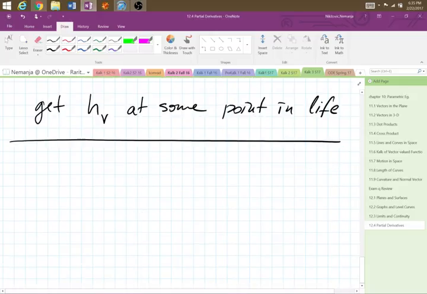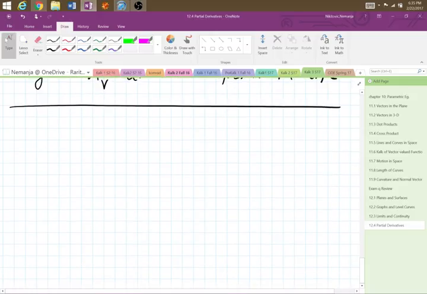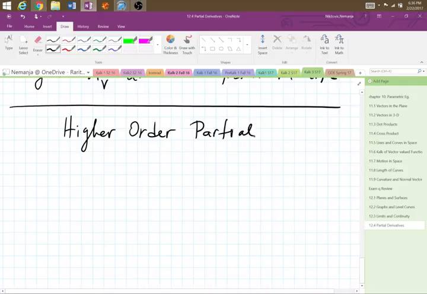We're going to move to the next concept, and that is higher order partial derivatives. Higher order partial derivatives would be the second and the third and the fourth and so on.